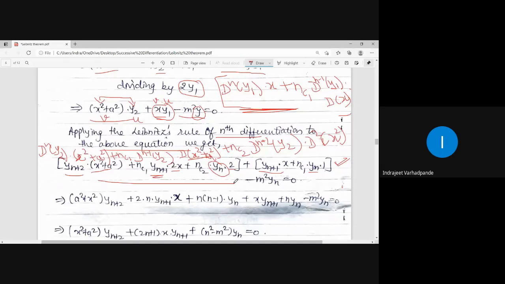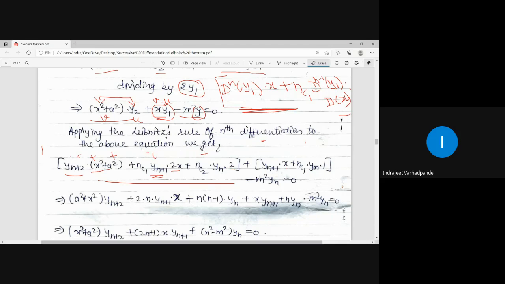You have to just collect the like terms and simplify. Now all are acquainted with the statement of the Leibniz theorem, how it is to be written, and until where we have to expand the given statement. Is it okay?